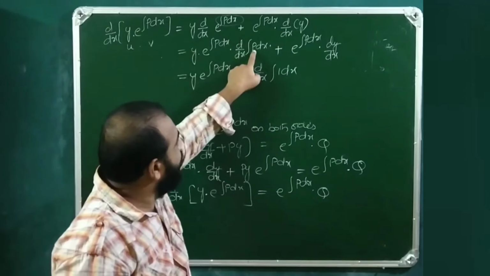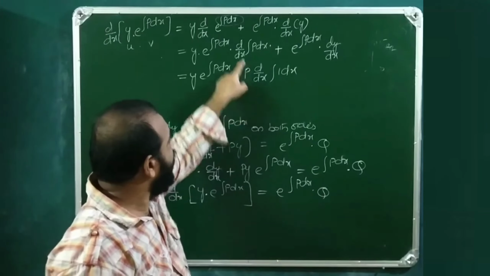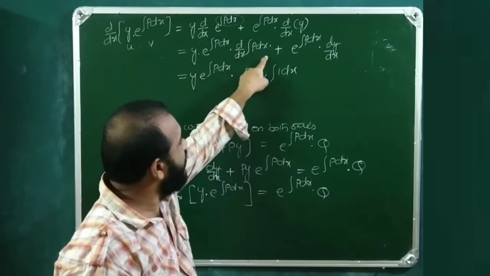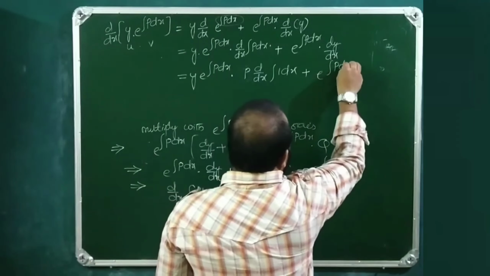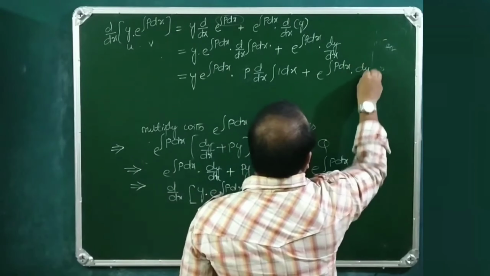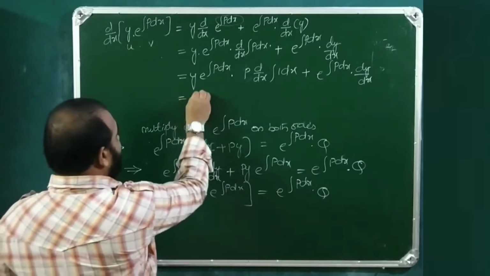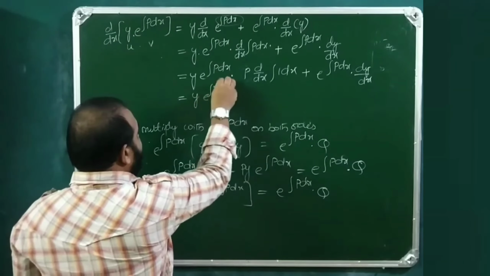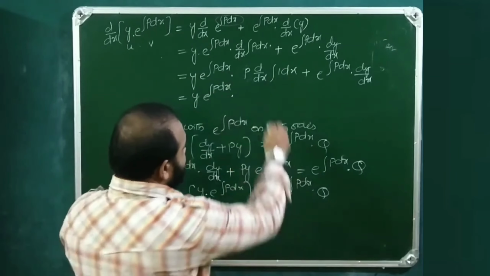Since p is a constant, I have separated it from the process of integration, d by dx of integral 1 dx plus e power integral p dx into dy by dx.